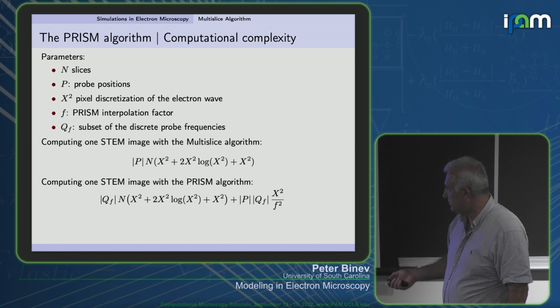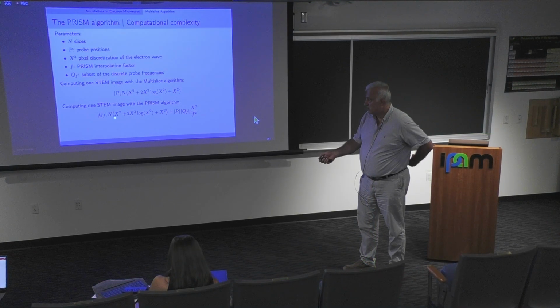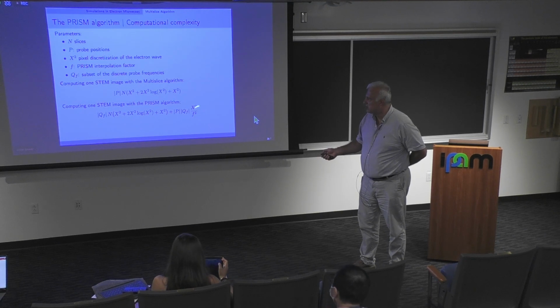However, if we use the PRISM algorithm, we have this Qf, which is much smaller than Q. We have N here, which is the number of slices, and essentially x squared again, and then an additional factor, which is P times Qf times x squared over f squared.